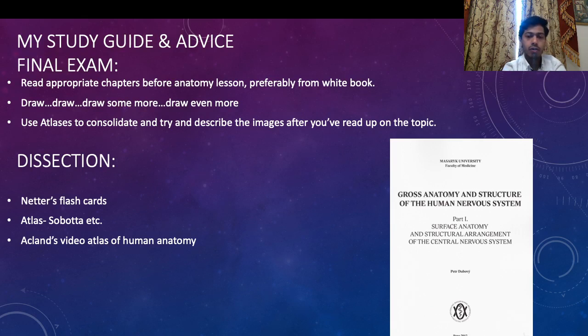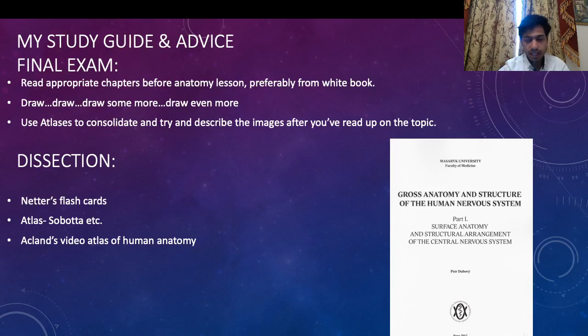If you've read the whole section, you open up your atlas and try and describe it to the best of your knowledge. I think that also promotes a lot of confidence in public speaking and in speaking about the topic. Those are very good things for practicing and revising.